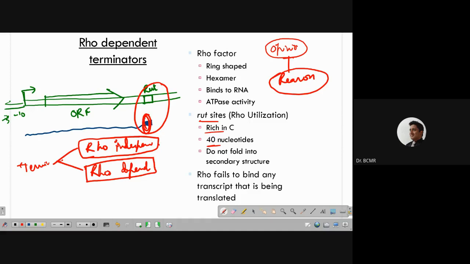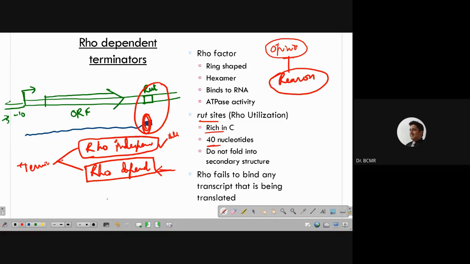Why I like rho independent terminators is because it is intrinsic. That means it doesn't require any external factor to come and inhibit or terminate the transcription here. But somehow evolution has come up with two, and there could be some benefit of it, right?